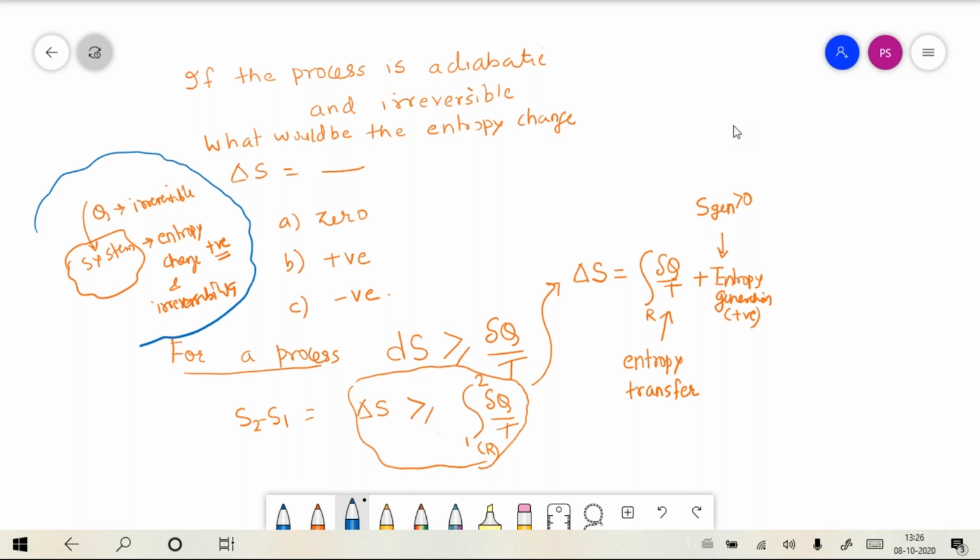Now case two. Let me draw this again. Let us say that there is a system, an adiabatic system, so it is an isolated system, and this system undergoes an irreversible process.